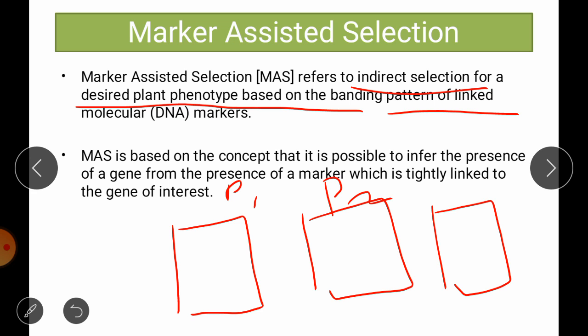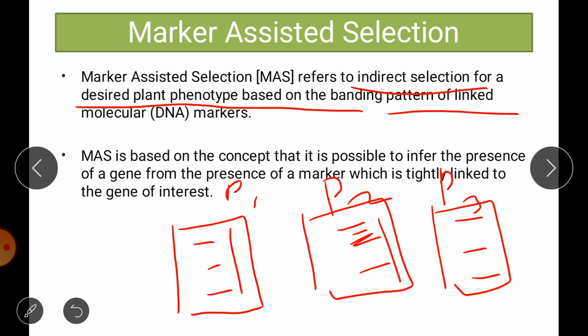Likewise, this is the banding pattern for individual P1, this will be for your P2 and this will be for your P3. By observing such banding patterns, we are making the selection of individual plants on the basis of a linked molecular marker.